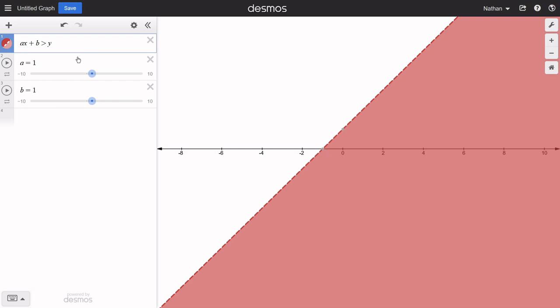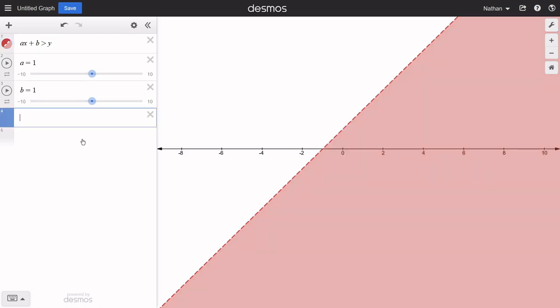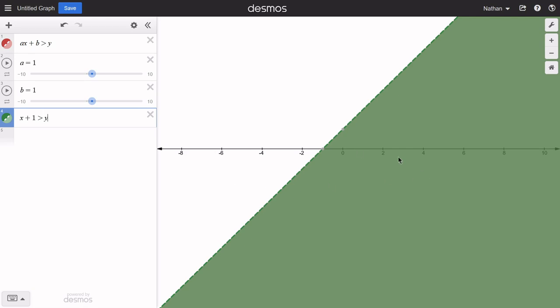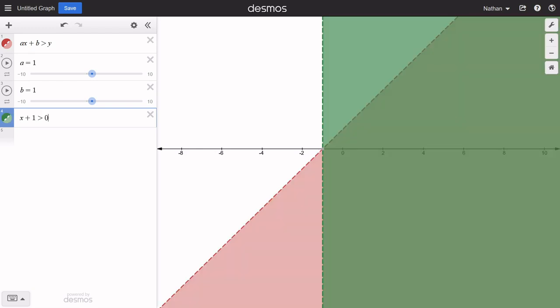So in this case, if you simplify this down, we have x plus 1 is greater than y. And really, we're only considering the x values here. So when that equals 0, we're on this point here. As usual, when y equals 0, that's this point here.